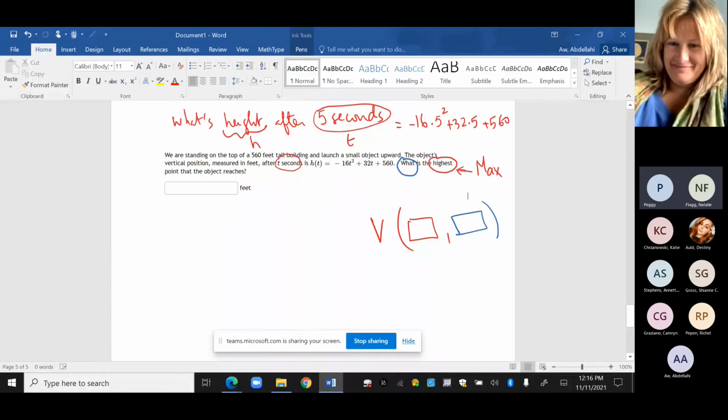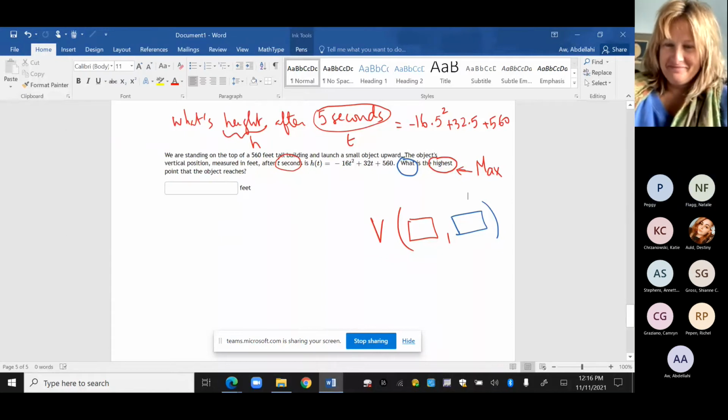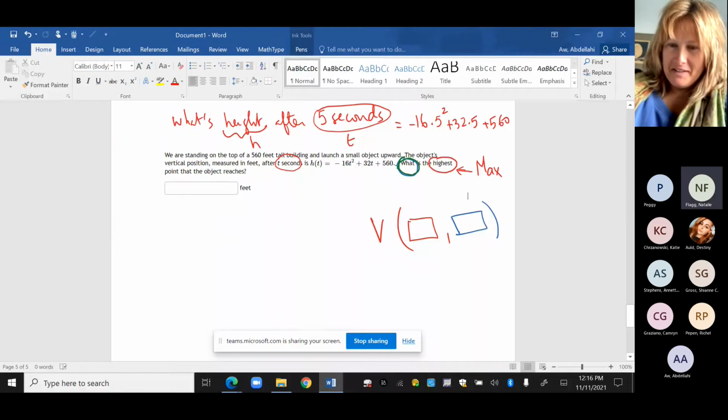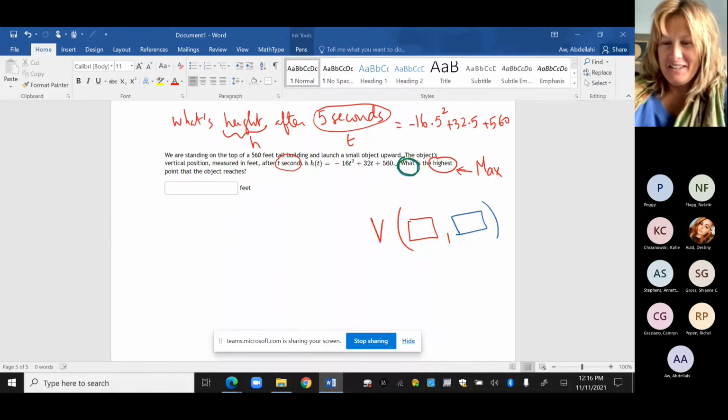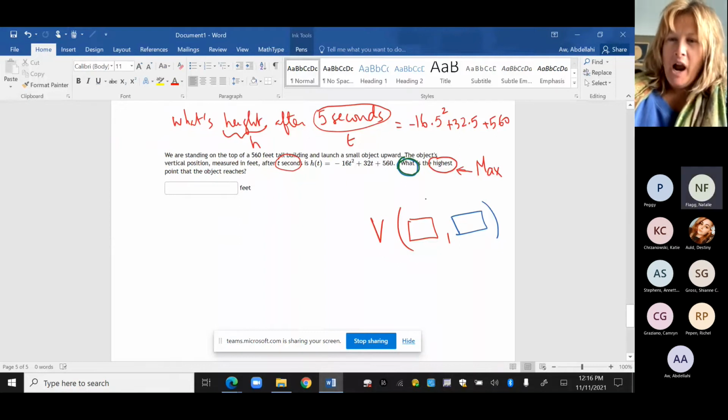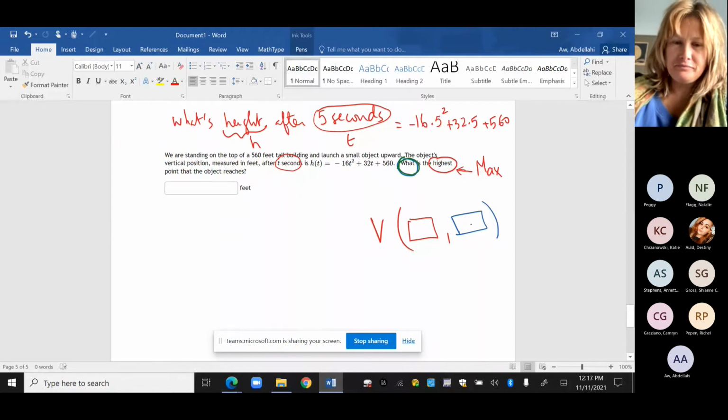So now it's green. What's going to be my answer, the red square or the blue square? What is the maximum height? Remember, the vertex gives you two numbers. When I say what is the maximum height, it's going to be this one.